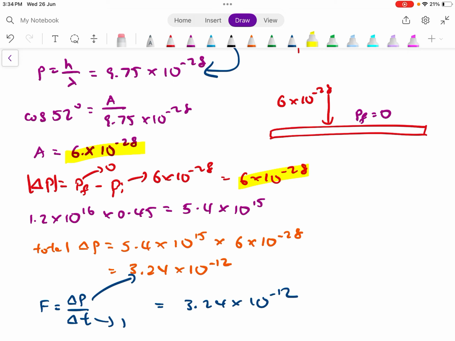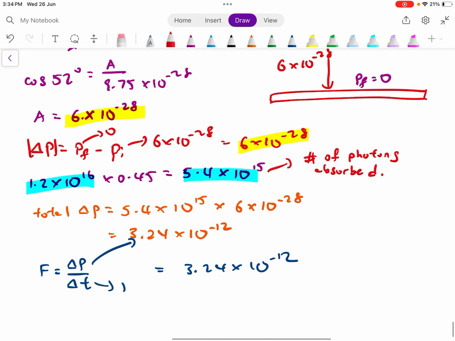Then after that, you determine what is the 45%, because only 45% is being absorbed. So the total number of photons initially is 1.2 times 10 to the 16. You determine 45%, which should give you 5.4 times 10 to the power 15. So this is the number of photons absorbed.